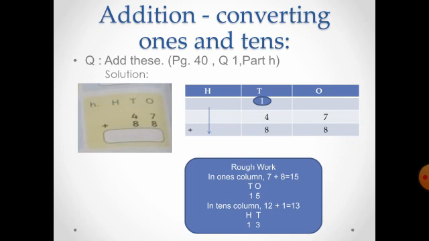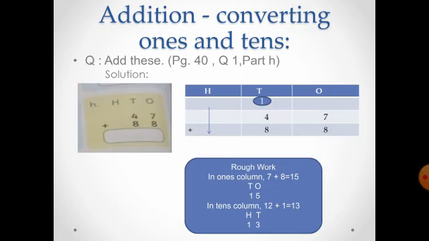Here comes its solution. In this solution we have written the place value first. The place value is ones, tens and 100 is also written. I will tell you in the end while I will be writing the answer.